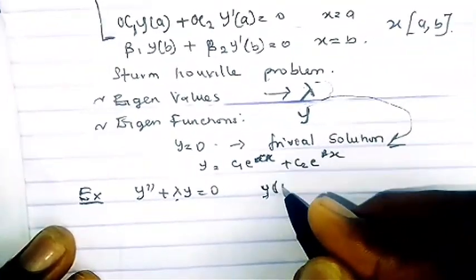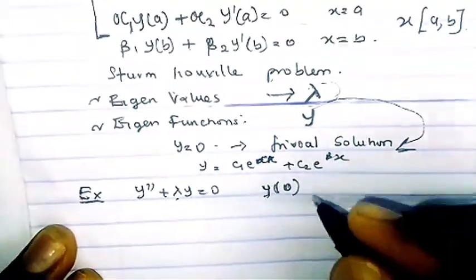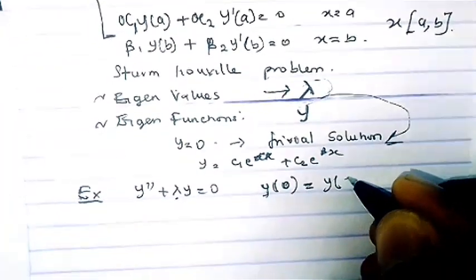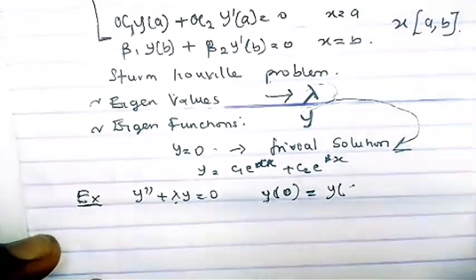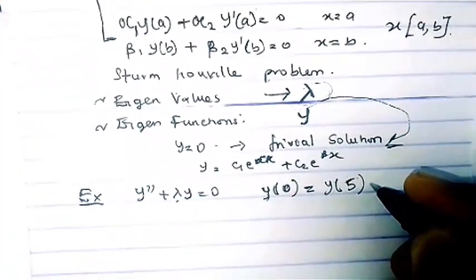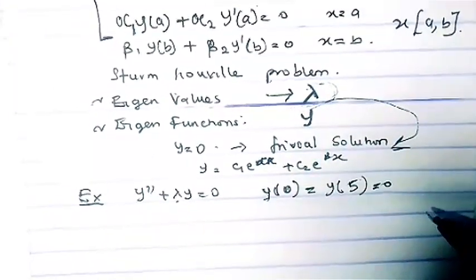For example, you are given a boundary condition where y as a function of 0 is equal to y as a function of L. Let's use a number. Y as a function of 5, and they are all equal to 0, right?